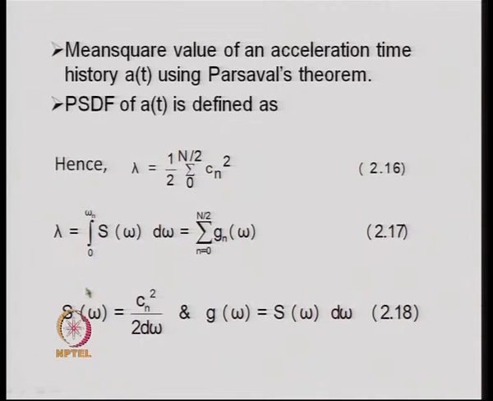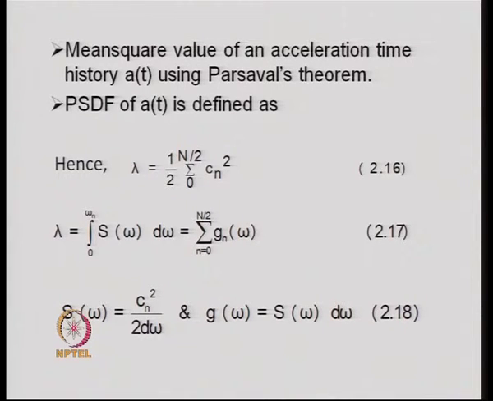Now, the mean square value again by definition comes to be the integration of this quantity, that is, S(omega), say, is the power spectral density function ordinate at a frequency omega.